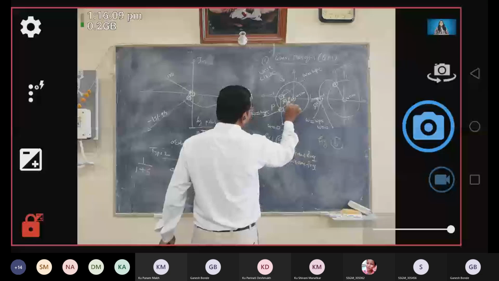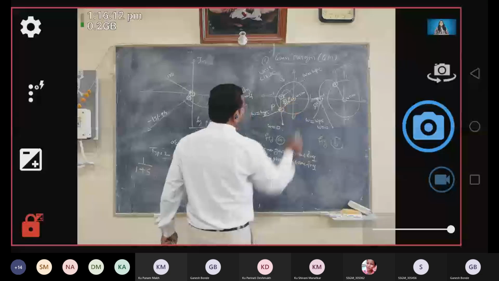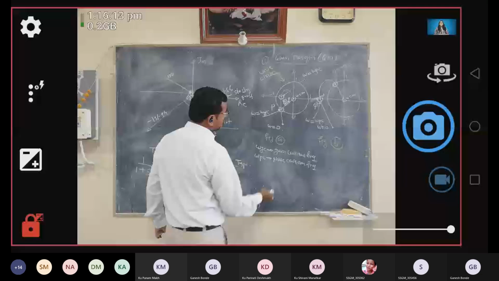For figure A, the value of phase margin is positive, and omega GC is less than omega PC. Therefore your system becomes stable. We can comment later on the stability.